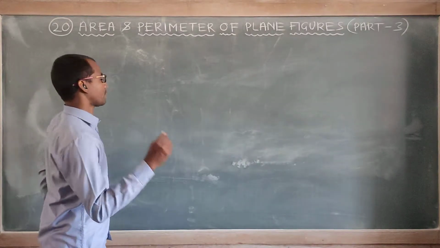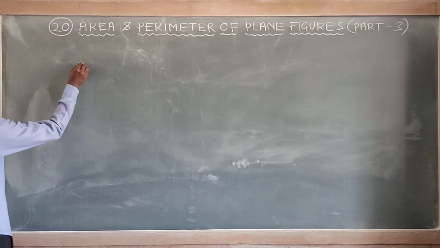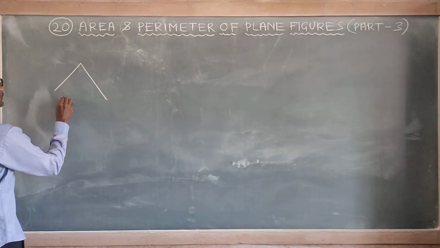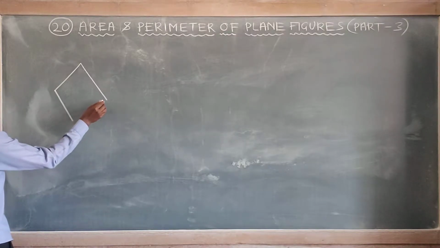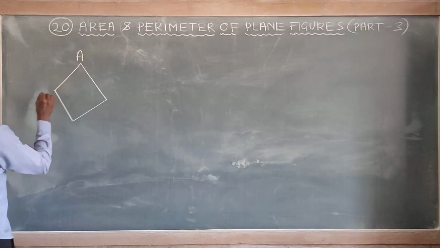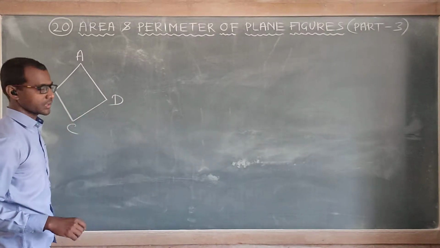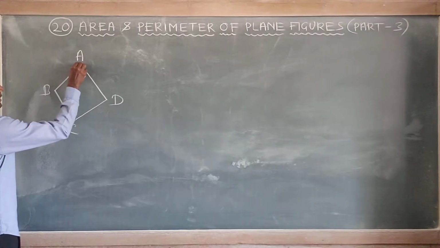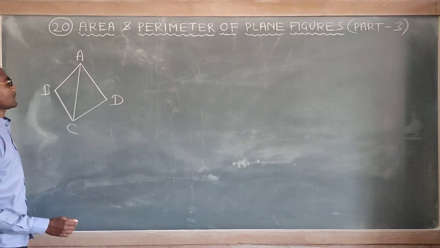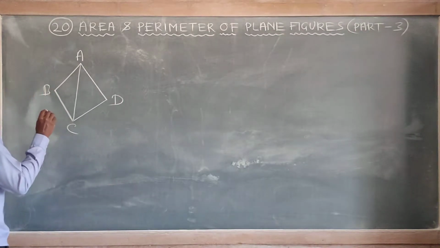A specific quadrilateral ABCD. Suppose in this quadrilateral, one diagonal is given, and the distances of this diagonal from the remaining two vertices are given, means perpendiculars are drawn.